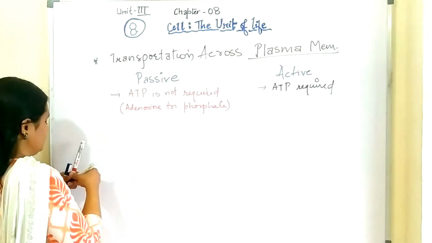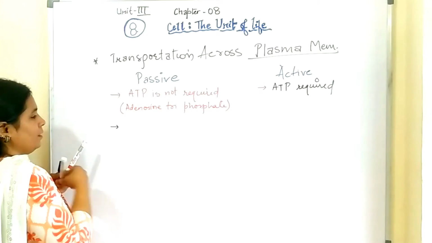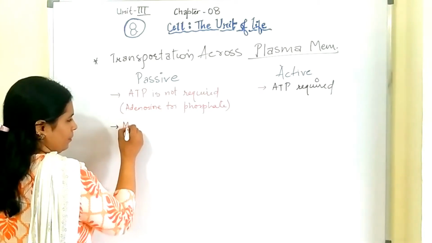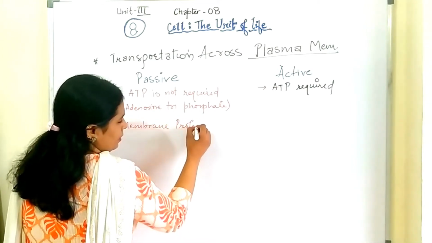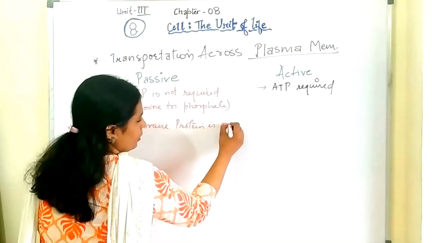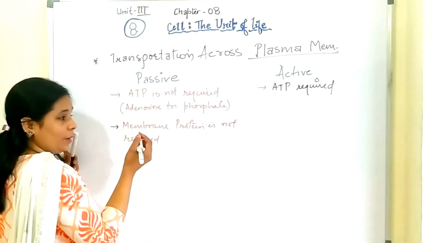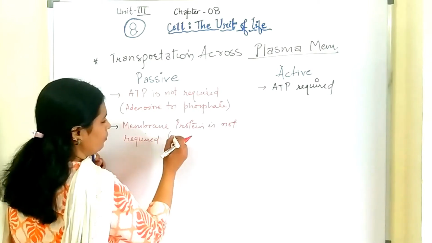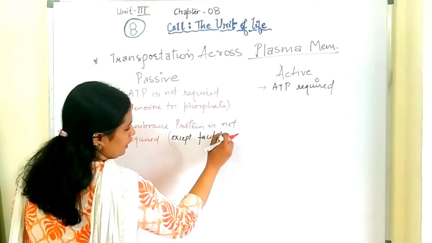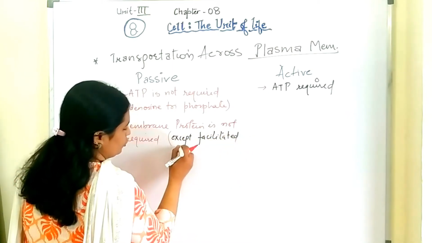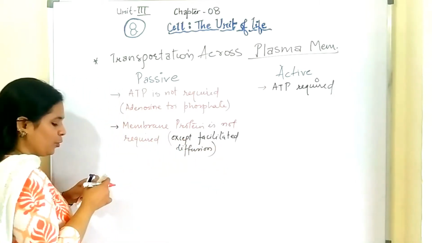The second difference is that you don't need any membrane protein. Membrane protein is not required, except in the case of facilitated diffusion. Only in facilitated diffusion is a membrane protein required.